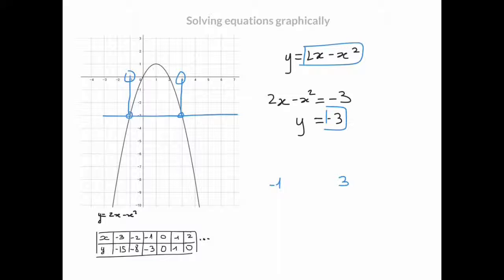Let's check this. Twice -1 minus (-1) squared is going to be -2 - 1, and that's going to be -3. So we have the right value. Similarly, twice 3 minus 3 squared is 6 - 9, so that's -3.